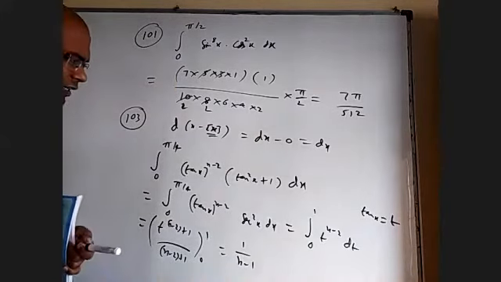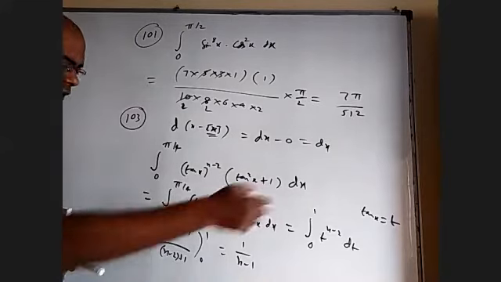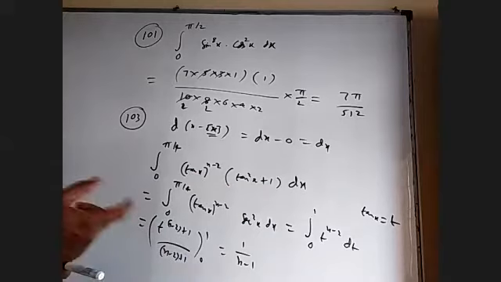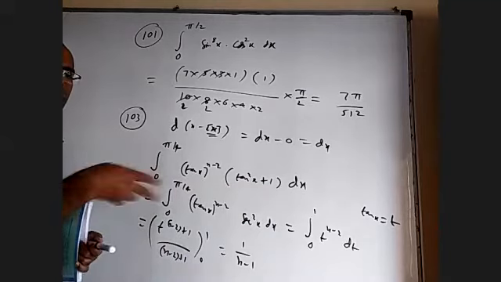One may ask why they gave a reduction formula with just tan power n minus 2 common, and it is like a regular integral. Actually, with this as the base, we can find integral 0 to pi by 4 of tan power any number.